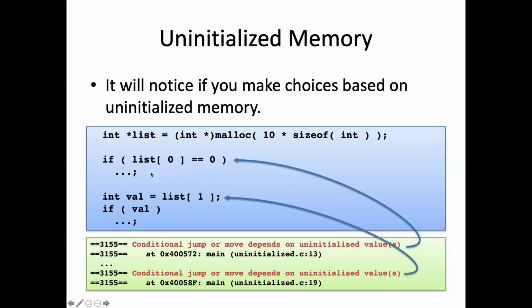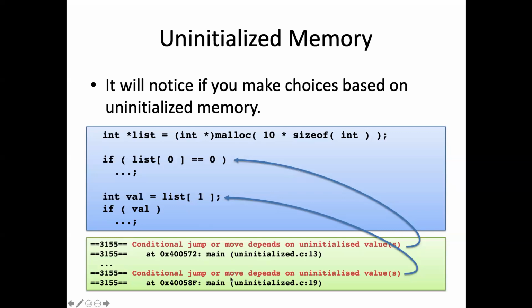Even if you try to obscure it, here, instead of testing an element of list, I copied it to a variable and then tested that. Valgrind still catches this error, because val has a value that's who knows what, since I copied it from malloc memory that I never initialized. So in both of these cases, you're going to get a report that looks like this.